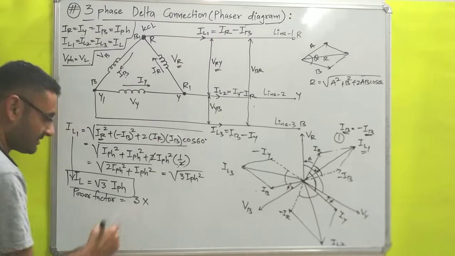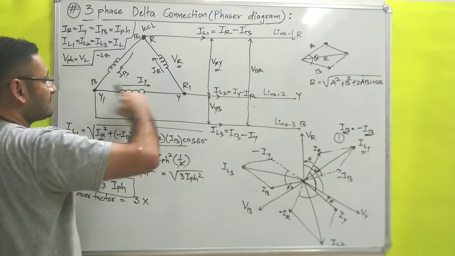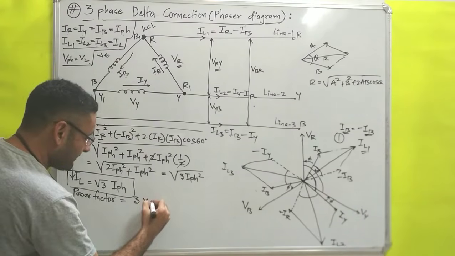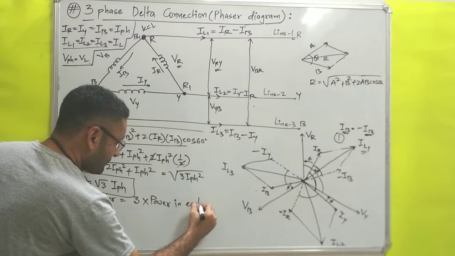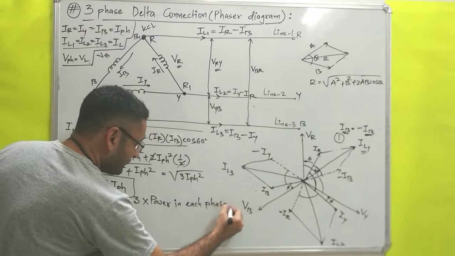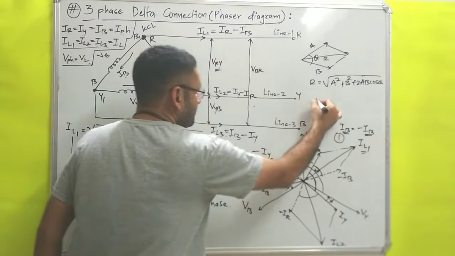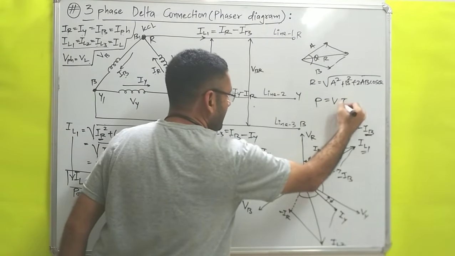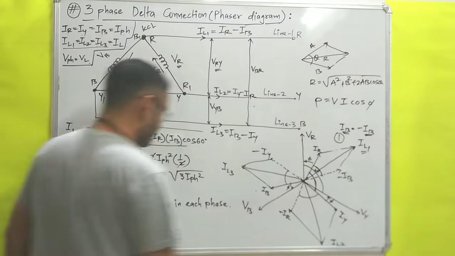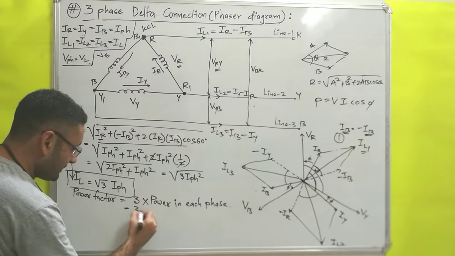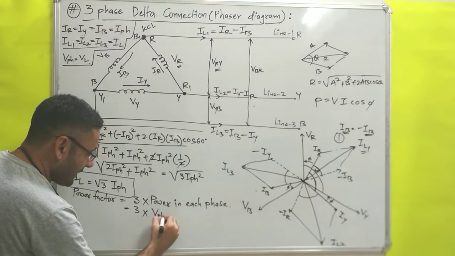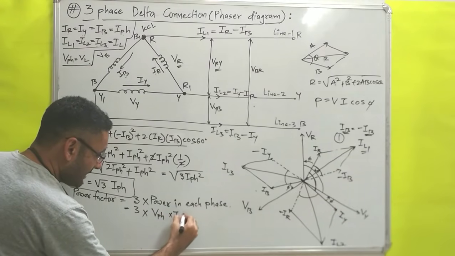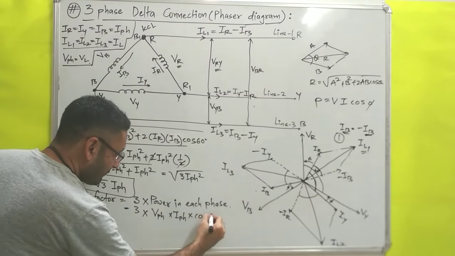3 multiplied by power in each phase. Why have I multiplied by 3? Because 3 phases are there. In each phase, the equation of power you know very well, VI cos phi. The same thing will apply over here. So VPH into IPH into cos phi.